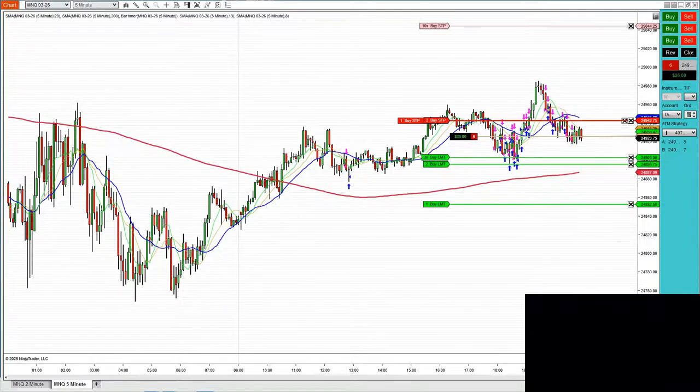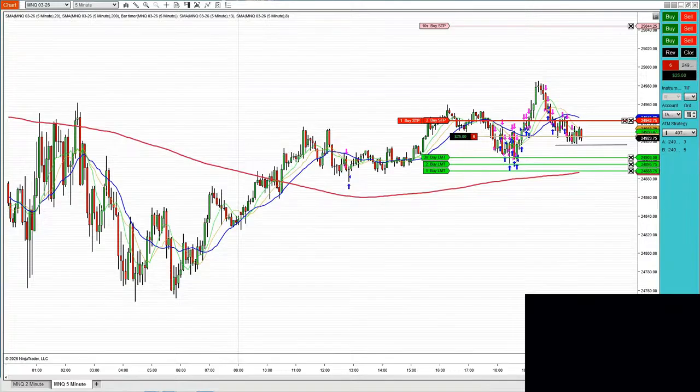Otherwise, if we can close below that section there, which is on our 5, then we've got the next leg down for sure. On the 60-minute, we can go as low as that, or if we go for the Hail Mary, it just keeps going way down there.